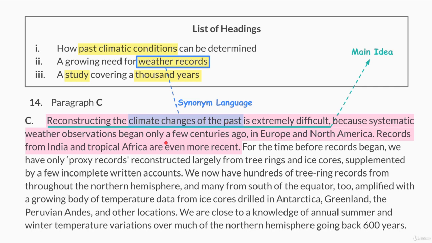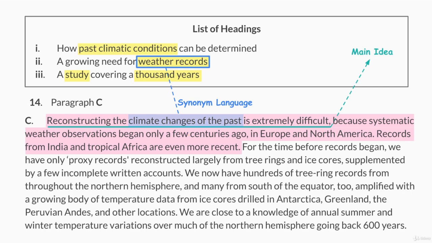So what this paragraph is talking about is how reconstructing the climate changes of the past is very difficult because all the weather observations that we have are only a few centuries old. Our records, it says, are very recent. That's what makes it difficult. And so it's basically saying how we need to gather more knowledge. We need to gather more data.